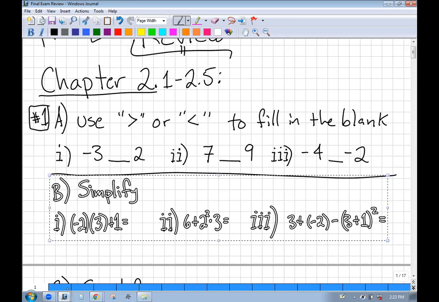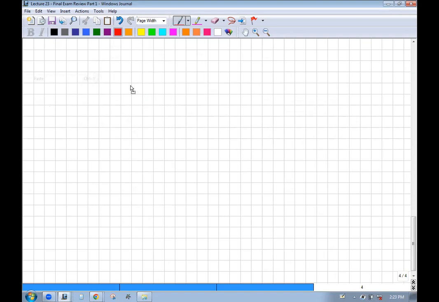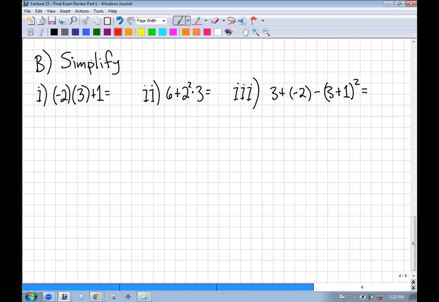Let's look at B here. So here it's just basic arithmetic. We want to simplify. So -2 times 3 is a -6. And then a -6 plus 1 is a -5.